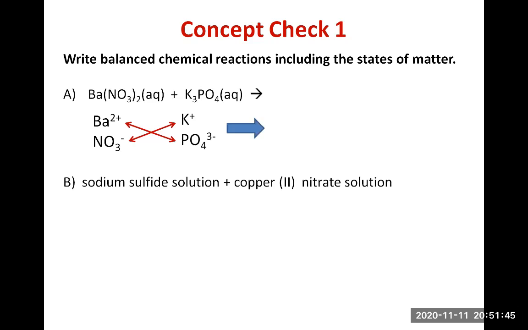So let's find out the product formulas from this. So Ba2 plus, PO4 3 minus. Here, if you do the crisscross trick, you see that you need 3 barium for 2 phosphate. So we need parentheses around the phosphate, and then a 2 as a subscript for the parentheses to show that we need 2 phosphates and 3 barium to make this neutral.